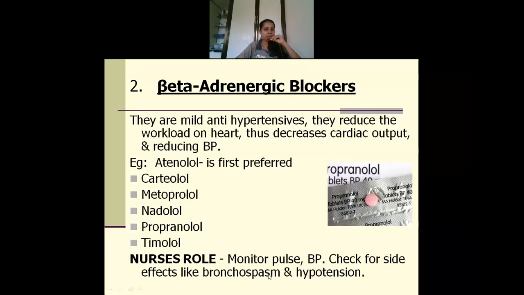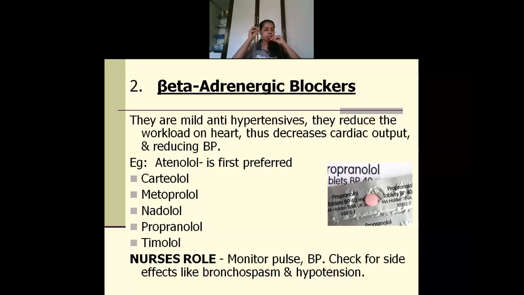Mainly, you should remember that when you are giving these beta blockers, you have to monitor the pulse of the patient and monitor the BP, because it is an antihypertensive. Most of the time, the patient can develop dizziness or giddiness. You have to also monitor the pulse rate.